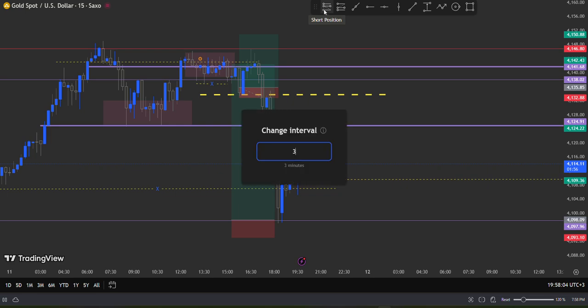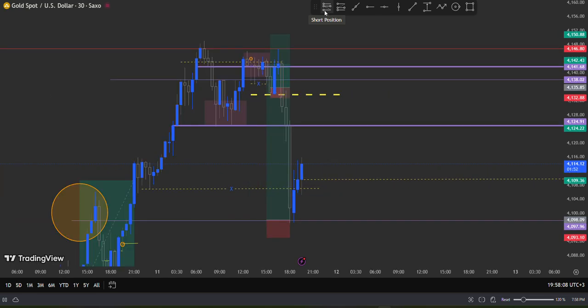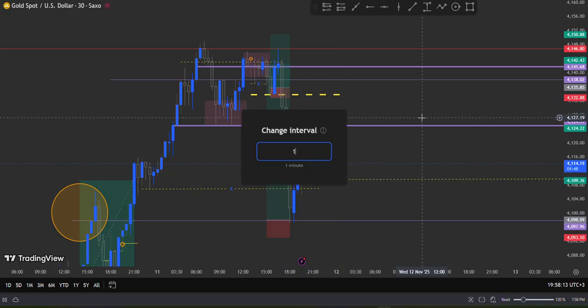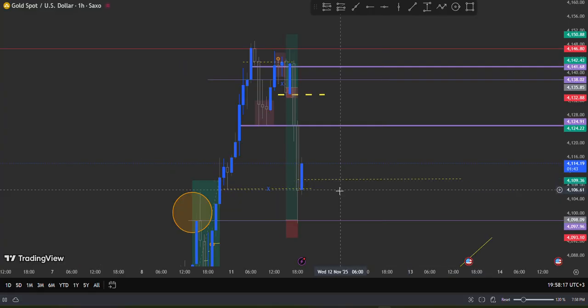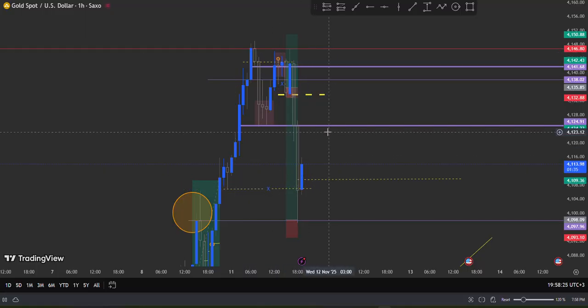Let me go to 30-minute and make a confirmation to see if this zone is valid. Yeah, this zone is valid. We go to H1. Yeah, this zone isn't there, but we have this zone here. Let me also mark it.